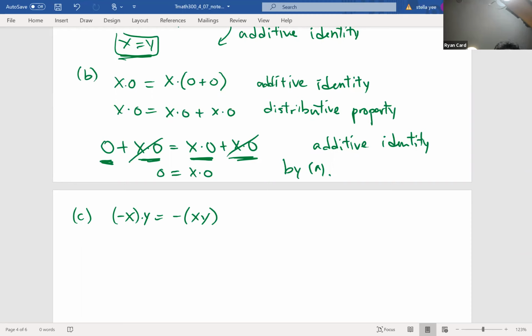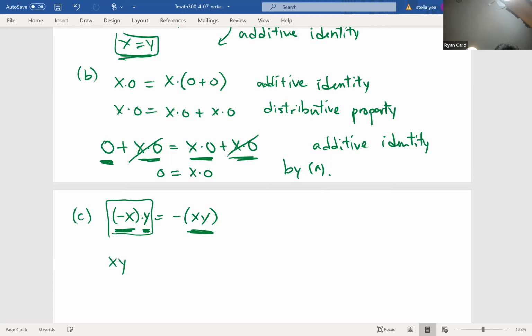What is being asked is that we want to talk about negative x times y. This is an additive inverse of x times y, and it is the same thing as looking at the additive inverse of x times y. That's what I want to show. So an equivalent way to show this is this.